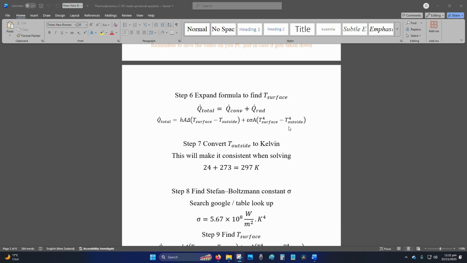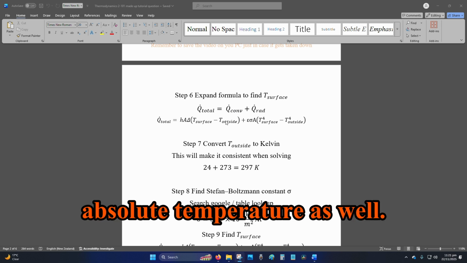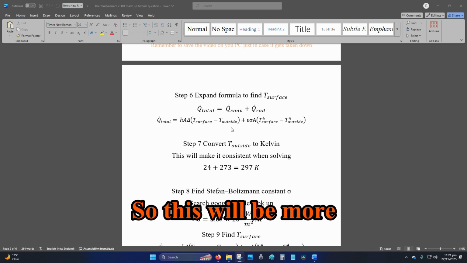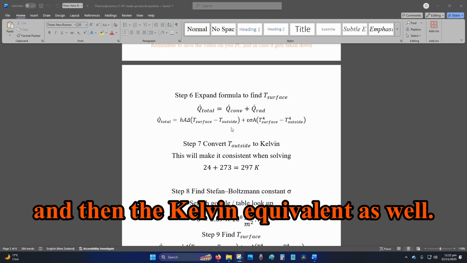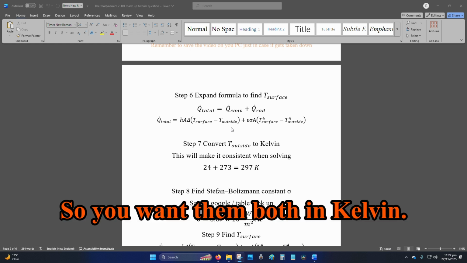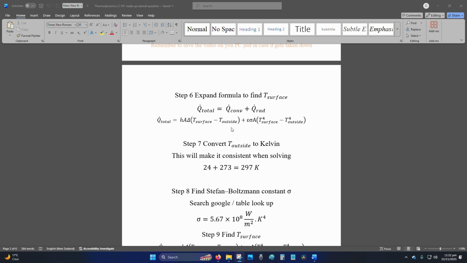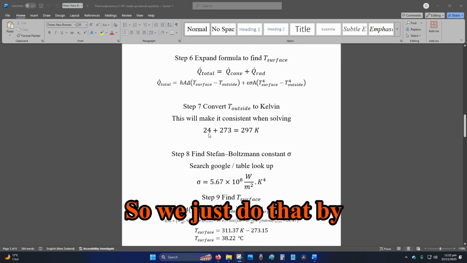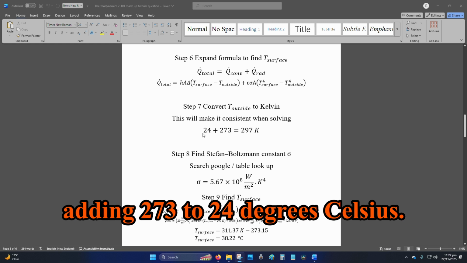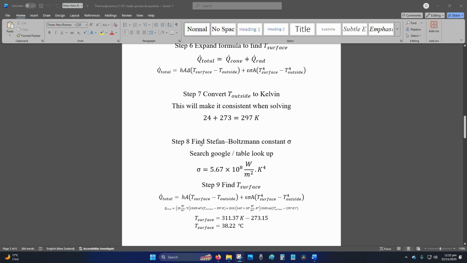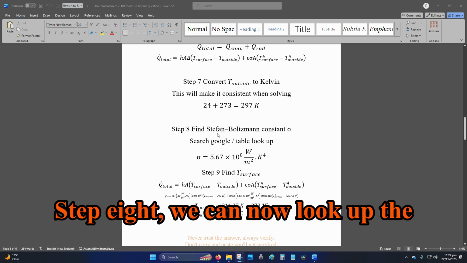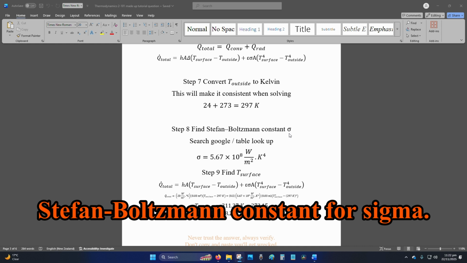Since Kelvin is absolute, you're going to need to convert the convection into absolute temperature as well. So this will be more consistent in solving. It won't make sense to have 24 degrees and then the Kelvin equivalent as well. So you want them both in Kelvin. We just do that by adding 273 to 24 degrees Celsius. We get 297 Kelvin.